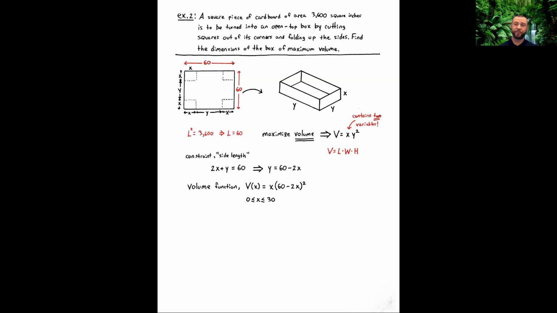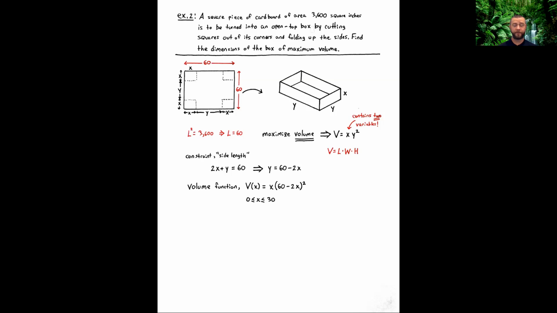Notice in your sketch, we're cutting two corners out, and the biggest x could be, or get close to, is half that total side length. So half of 60 is 30. X can be any value getting close to 30 inches. So we have our volume function of just one variable x, which is x times 60 minus 2x, that quantity squared. And then our interval is 0 to 30.